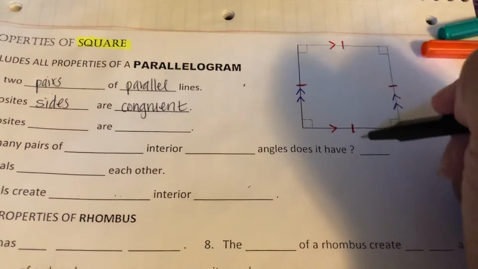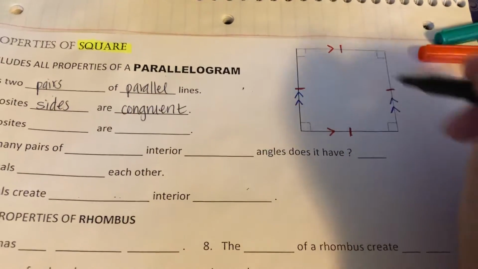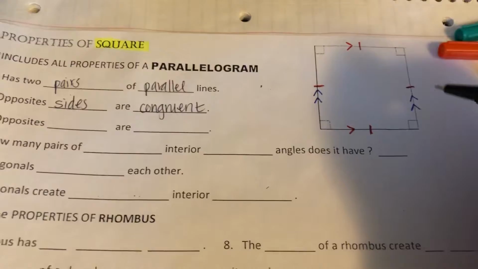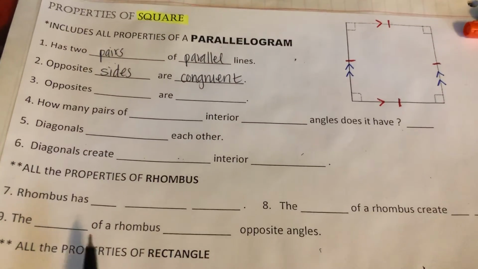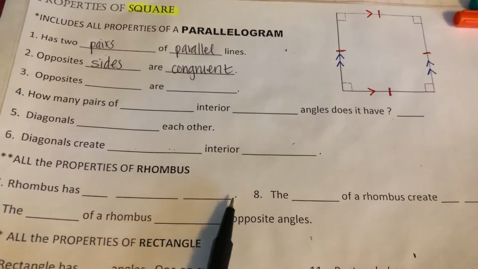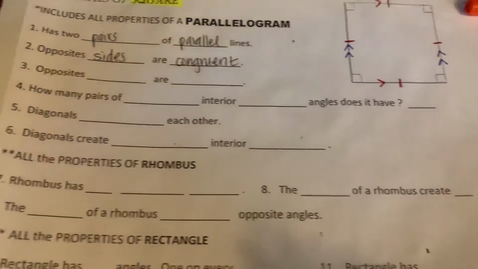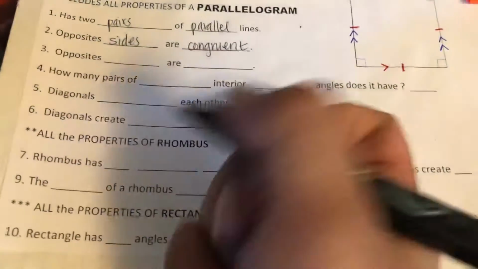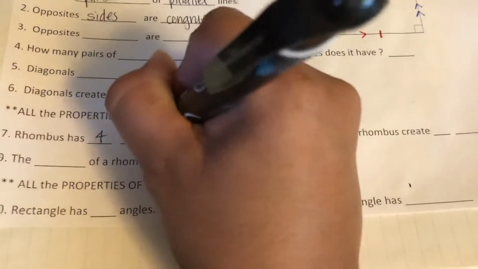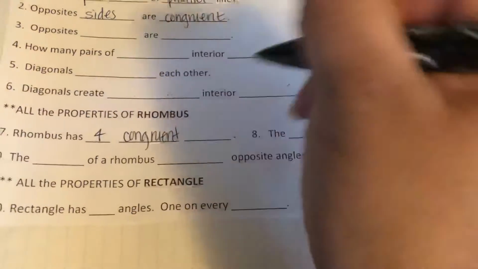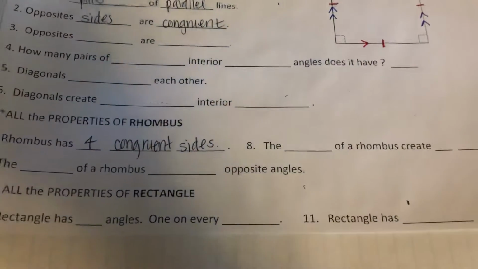Opposite sides are congruent and opposite sides are congruent. But now I did all four, so what does that mean? That means the square also has that rhombus property. A rhombus has four congruent sides, so it gets those as well.